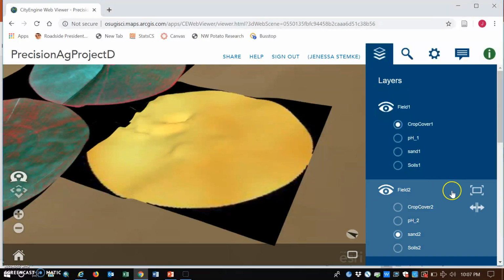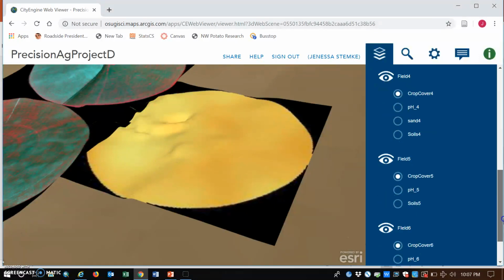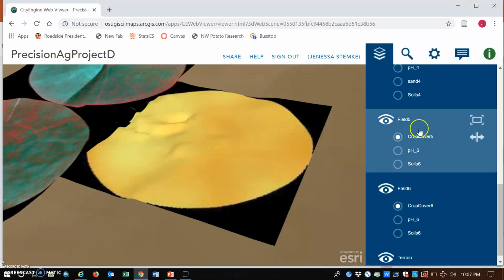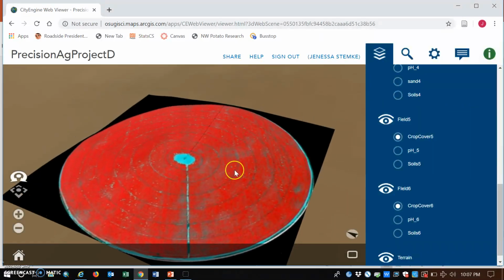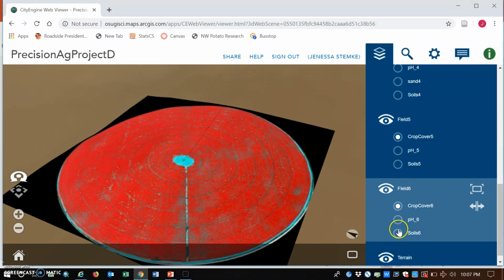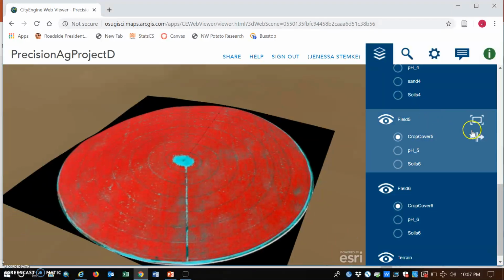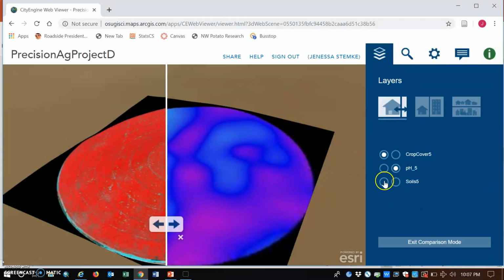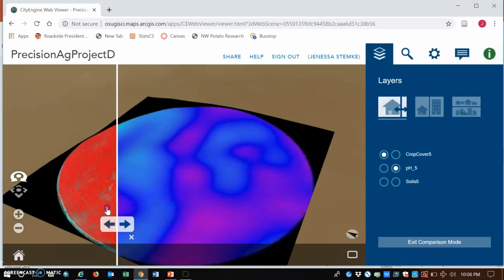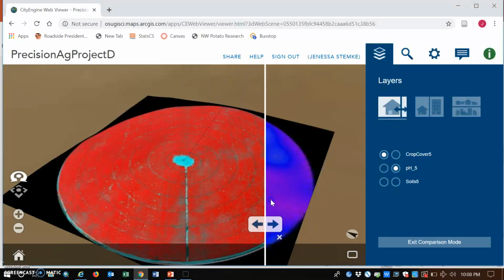Now, what I do have over here, I'll check out this one first. This is one of the healthier fields, and I'm going to look at pH. The pH is pretty much low in the entire field comparatively.